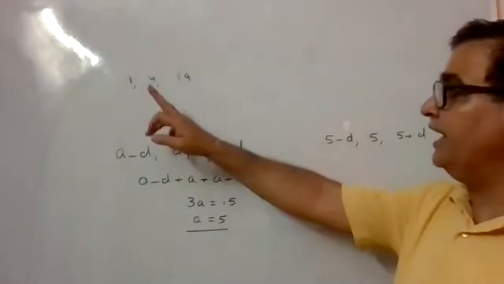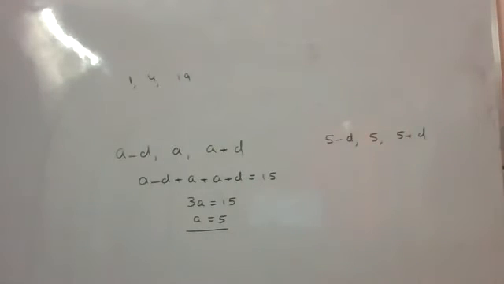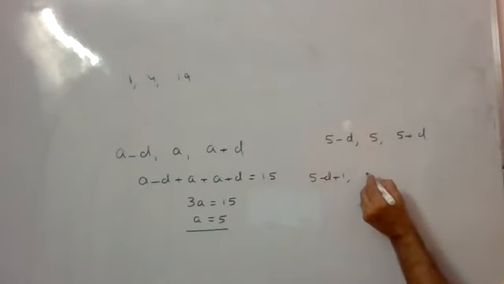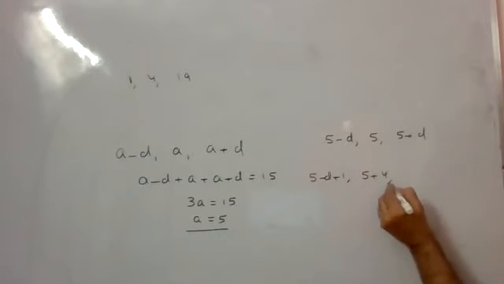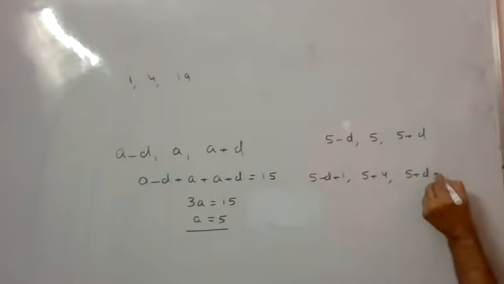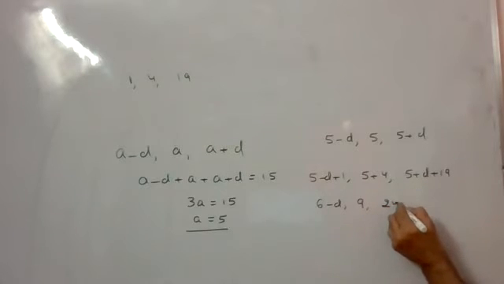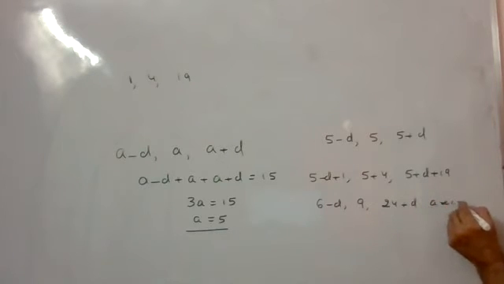Now in these numbers we had 1, 4, 19. So what I do here: 5 minus d plus 1, then 5 plus 4, and then 5 plus d plus 19. What will it come? 6 minus d, this will be 9, and then 24 plus d. They are in what now? GP. So square of the middle equals the product of the first and third.